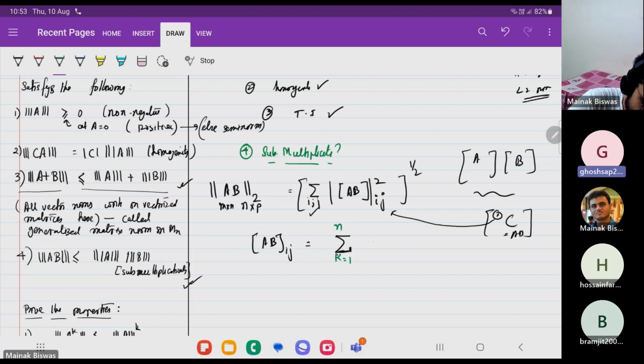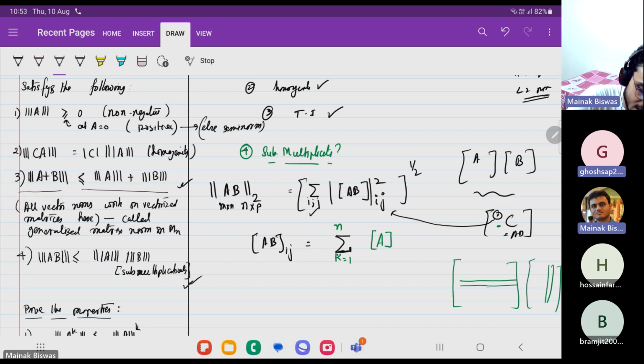Then matrix A will be A. Which element will I take to get the ijth element in this? The ith row, we have seen this interpretation, right? Ith row and jth column. Yes, very good. That shows you have at least studied. Good.